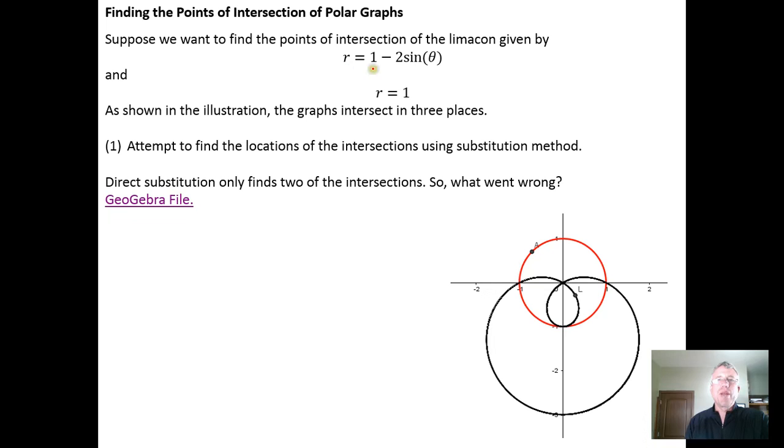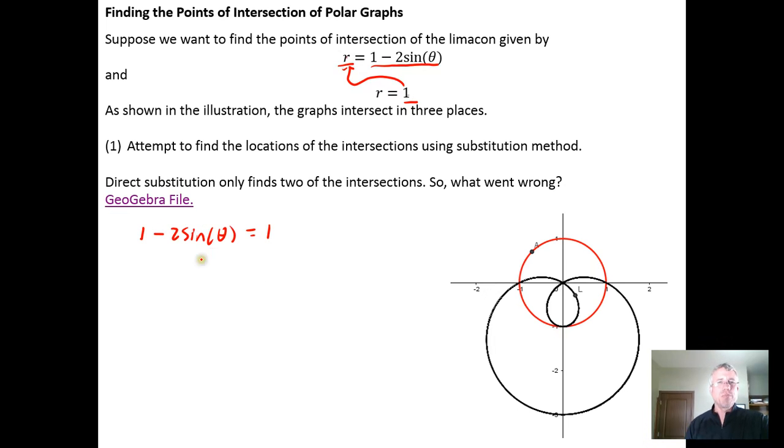We see that if we have radius equals 1 minus 2 sine theta and radius equals 1, we should be able to substitute the radius here with 1 and set 1 equal to 1 minus 2 sine theta to find the intersections. So what we're going to see is that an issue arises. We do 1 minus 2 sine theta equals, and then by substitution replace the radius with 1, and then we solve.